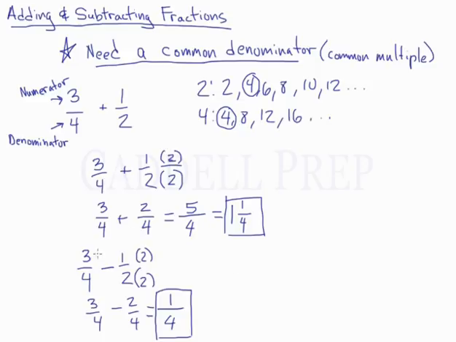Okay, let's do one more example. Let's try 2/3 plus 1/2. So again, we don't have common denominators. So we need to find a common multiple of 3 and 2. So let's list the multiples of 2.